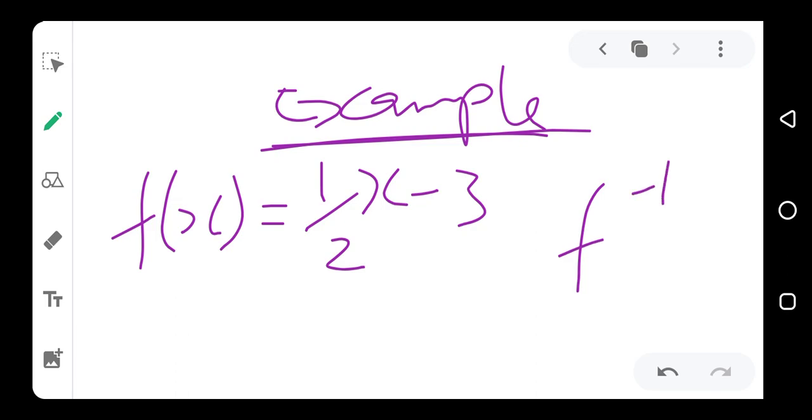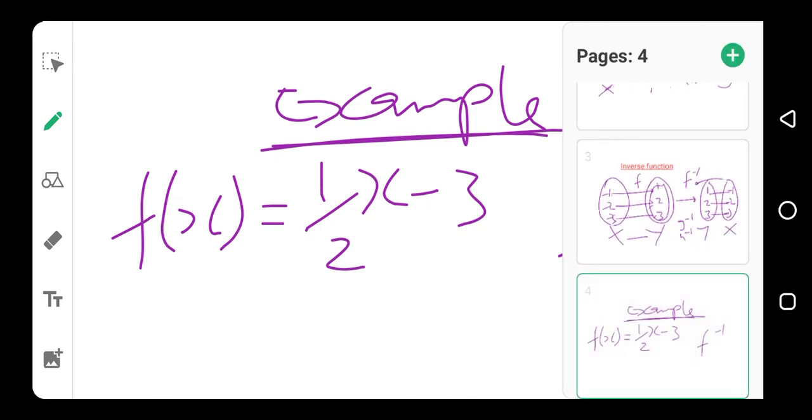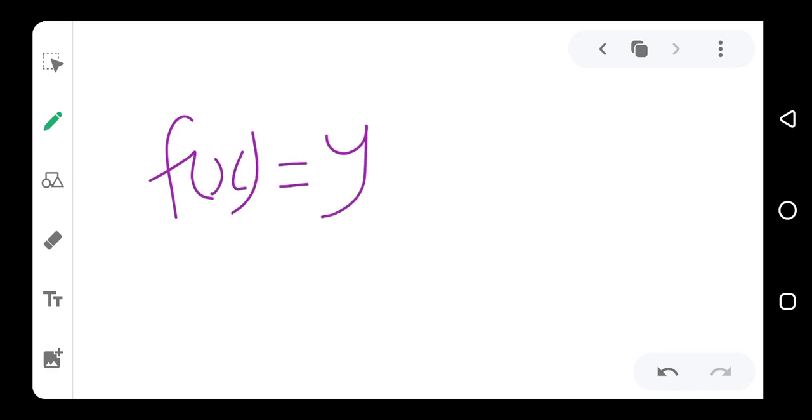How do we do this? What we want to do now is to make the x to stand to be the subject. Remember that when we introduced function, I said that f of x represents y. So in the position of this f of x, it means that since we are inversing the function, instead of having y that place, we are now going to have x.